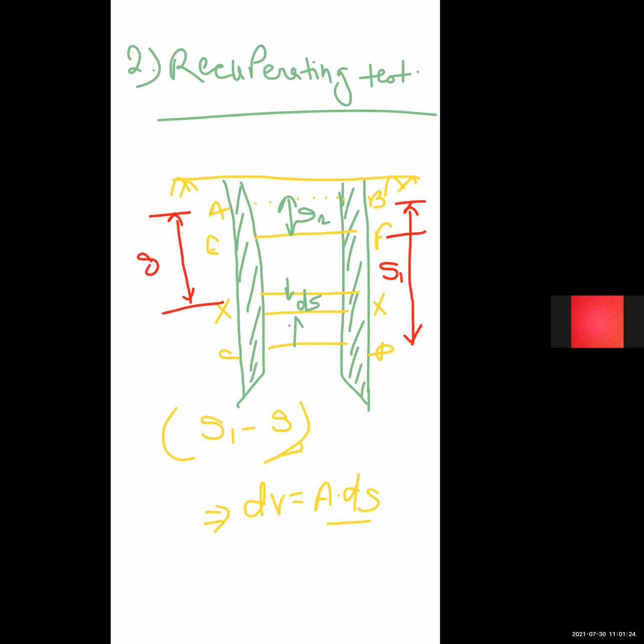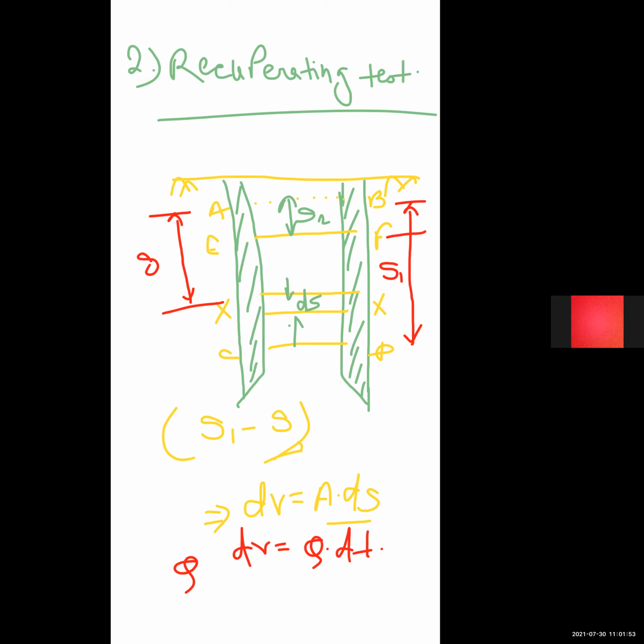Also, if Q is the rate of recharge into the well at time t under a depression head S, then the volume of water entering the well in this small time interval is written as dV equal to Q into dt.